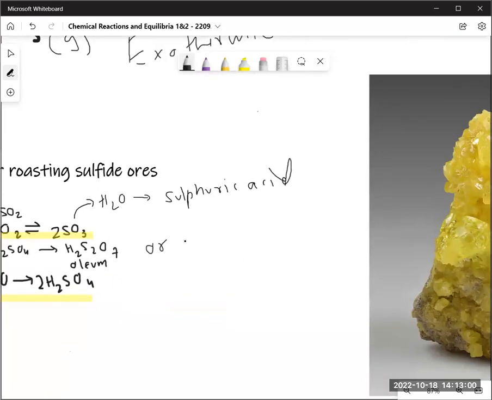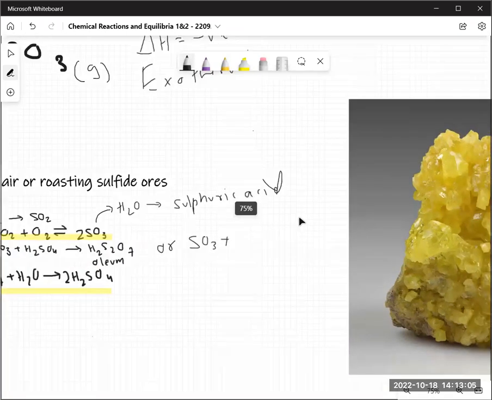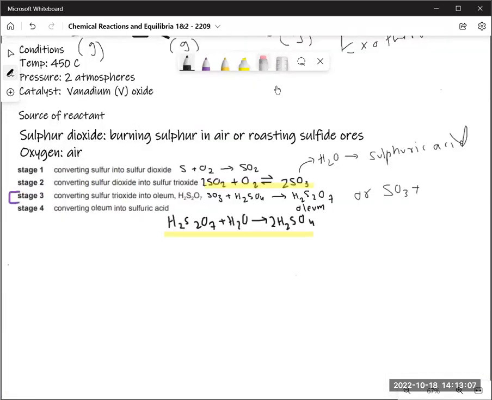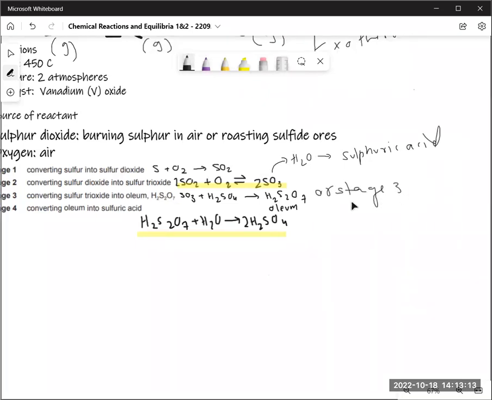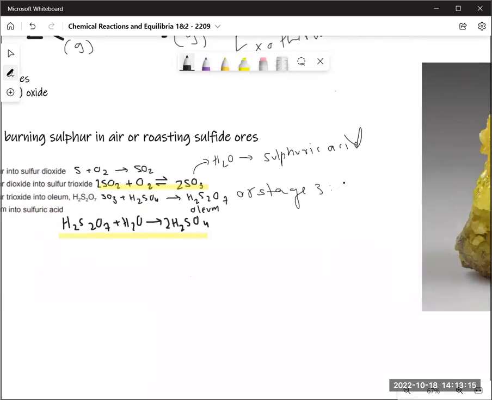The other one is SO3 plus water. Write this in your notebook, in front of stage 3: oleum is added to water, that produces acid mist.